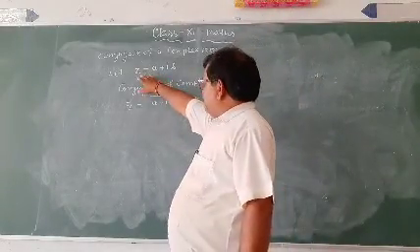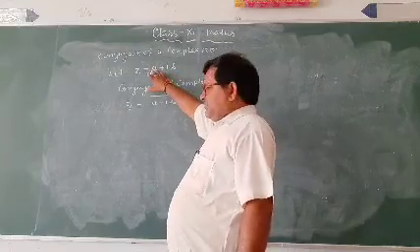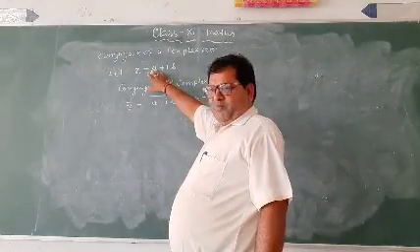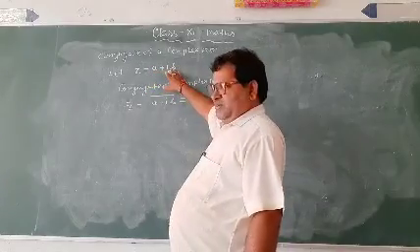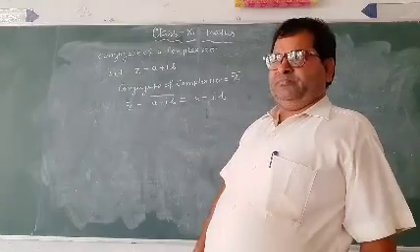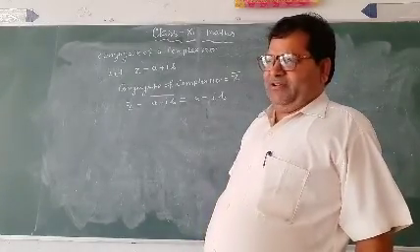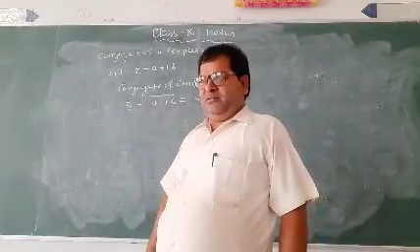So z equal to a plus ib. a is the real part of the complex number and ib is the imaginary part of the complex number. Then we find the conjugate of a complex number.